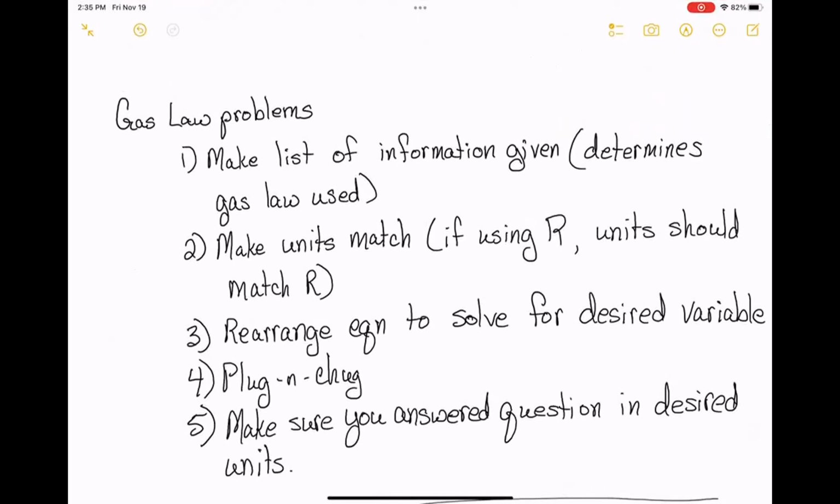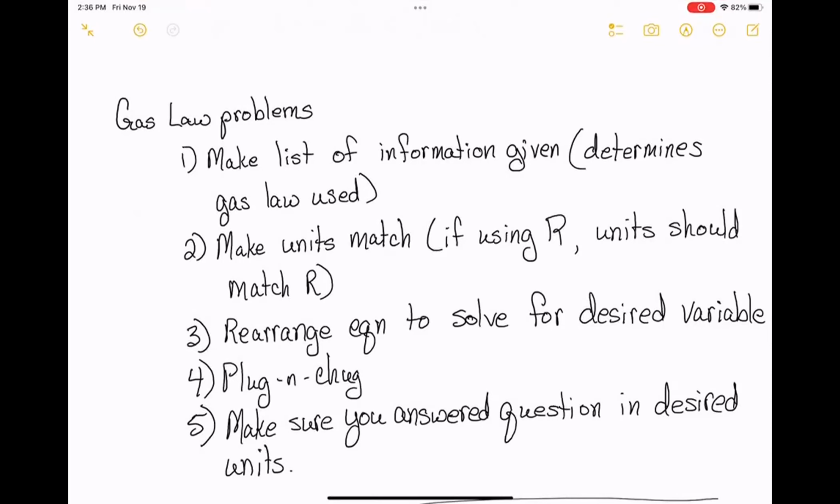Making the list of the information given helps me to determine the gas law I'm going to need. Once I know the gas law that I'm going to need, it allows me to identify any missing pieces of information. So basically, I start by making this list so that I can identify the gas law that I want to use.